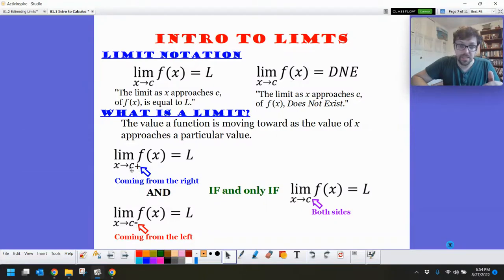What they mean is x is approaching c from the right versus approaching c from the left. So we see if the two directions the function is moving in are coming towards the same value. If they miss, then the limit doesn't exist. But if they meet, then we have a good limit.